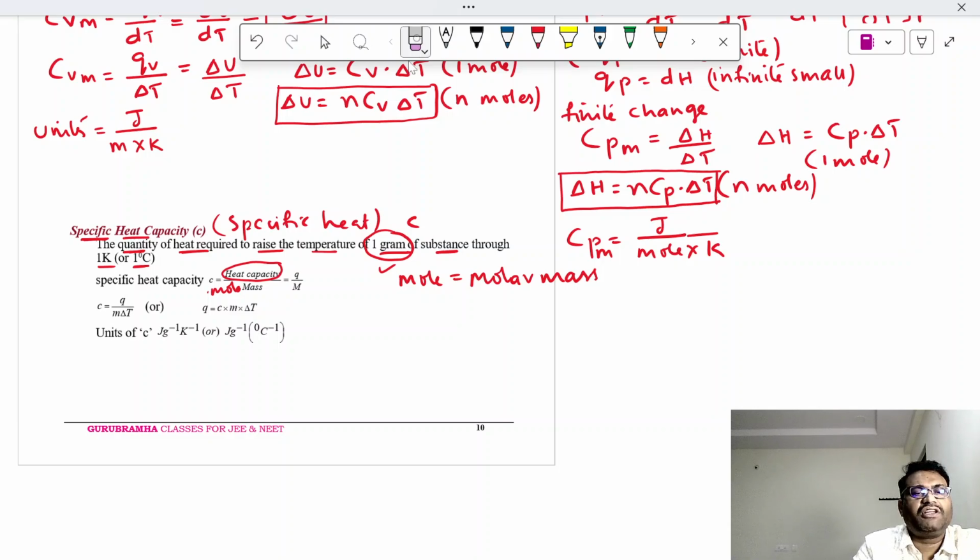So capital C, the molar heat capacity, divided by molar mass gives you specific heat capacity.